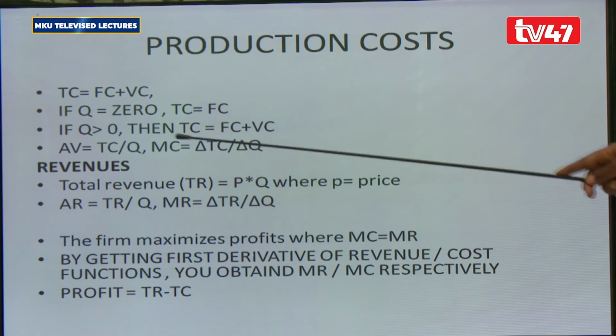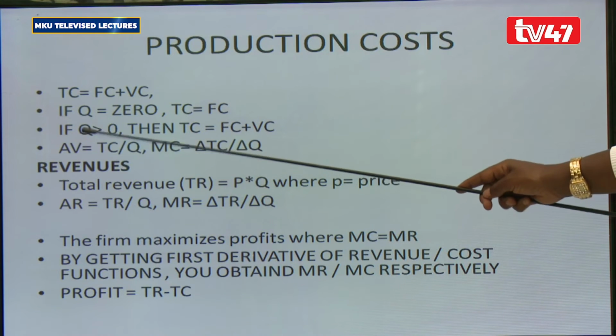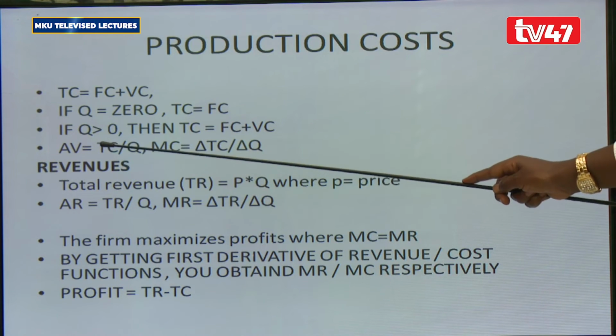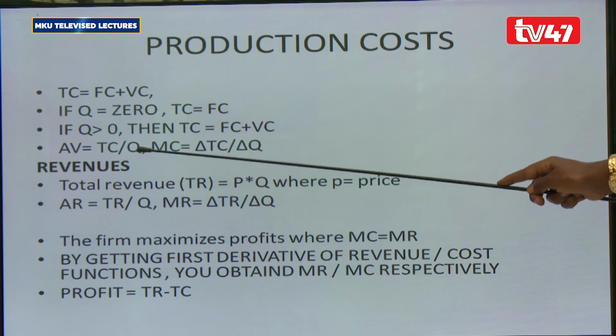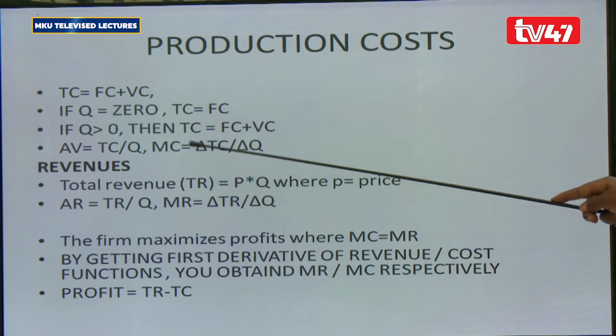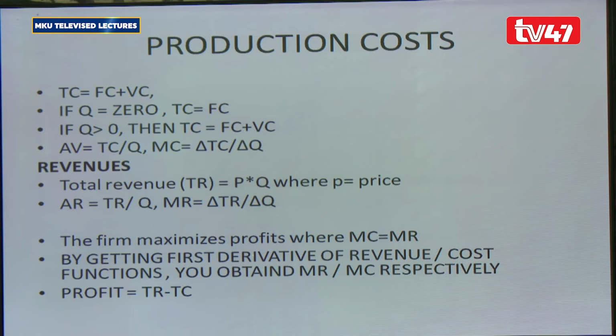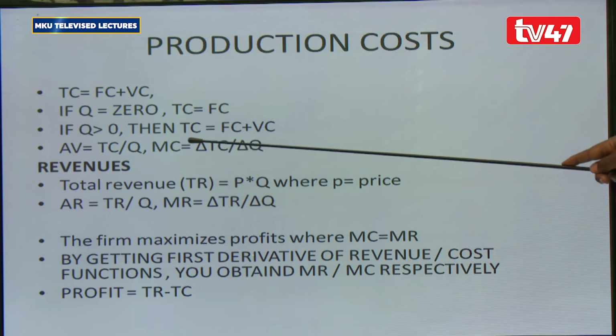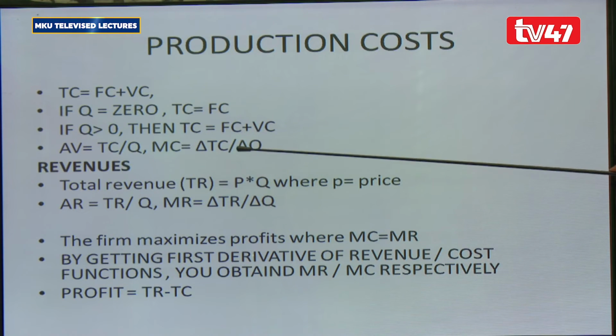We are able to calculate the average cost, which is the total cost divided by Q. We are also able to calculate the marginal cost by taking the first derivative of the cost function. So we talk about the marginal cost as the change in total cost divided by the change in Q.